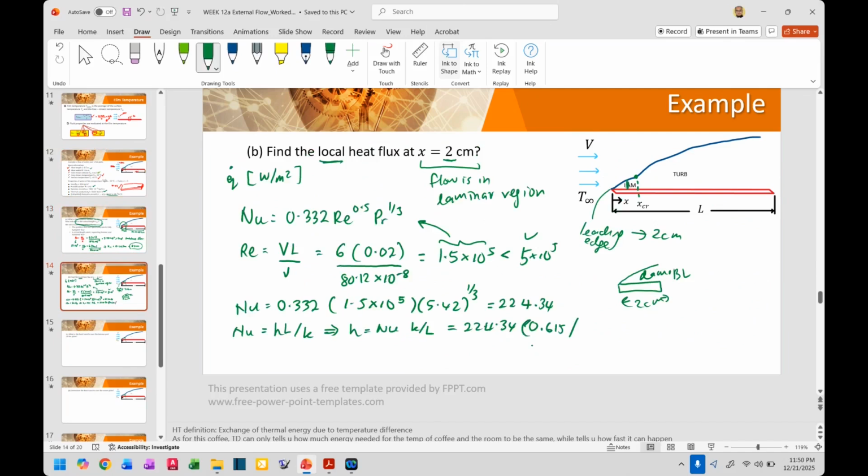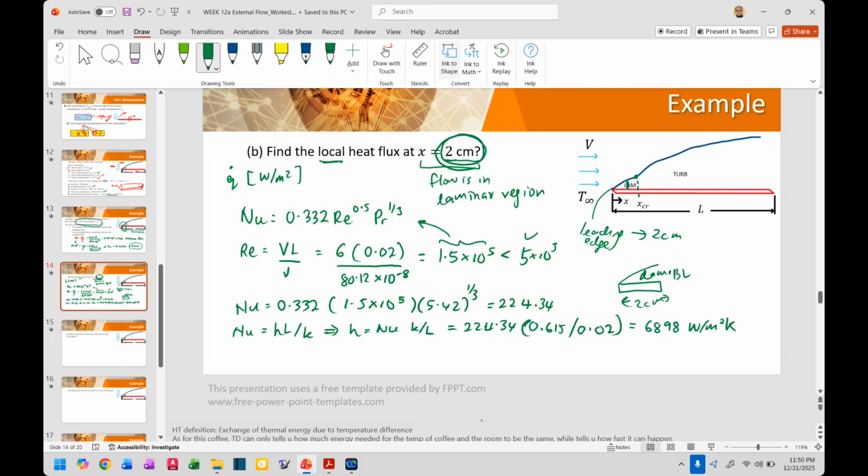This L, 2 centimeters, okay? So it's going to be 0.02 meters. Now your H will turn out to be close to 7,000 watts per square meter Kelvin, okay? So that is just the HTC or the H value, right?